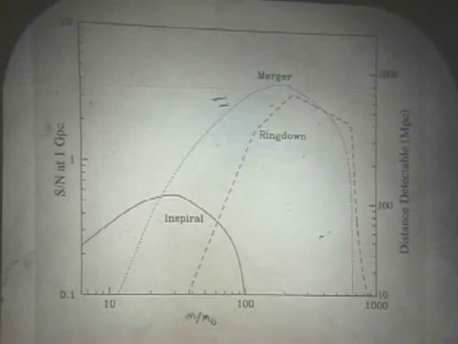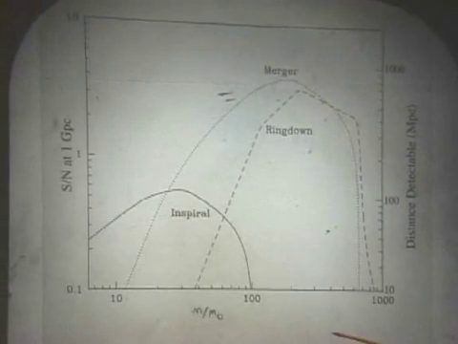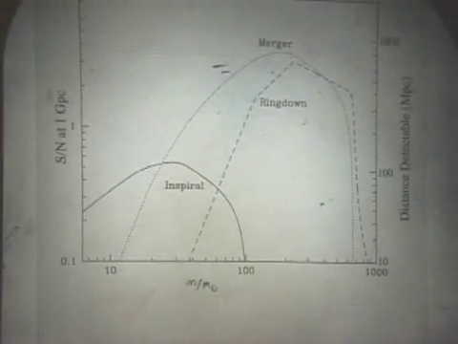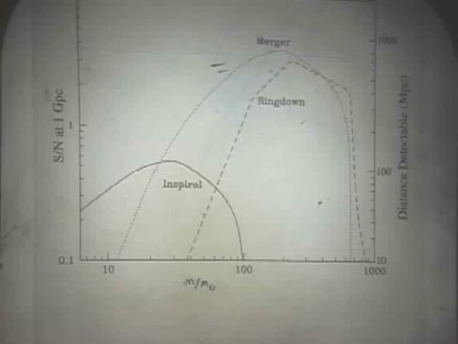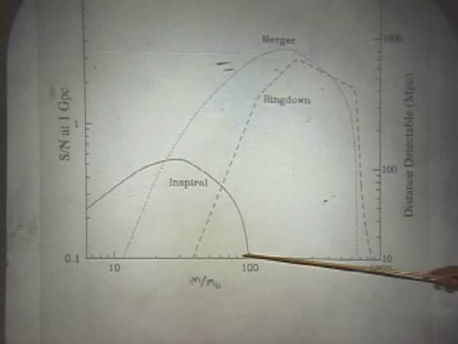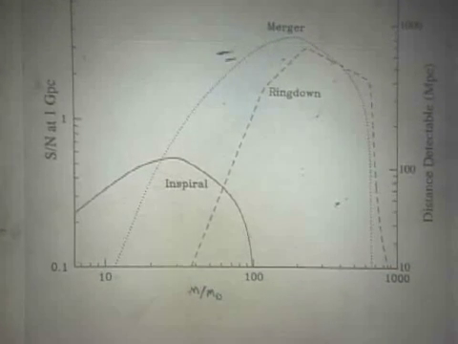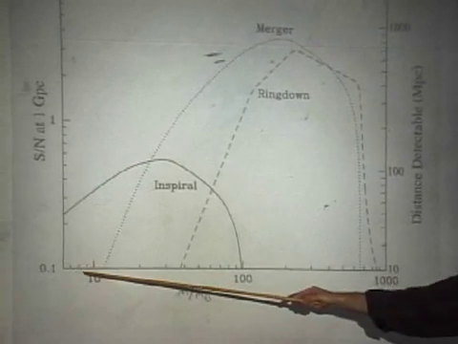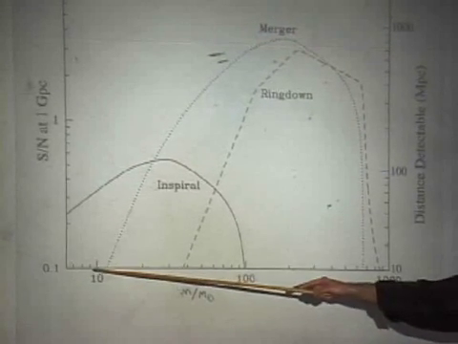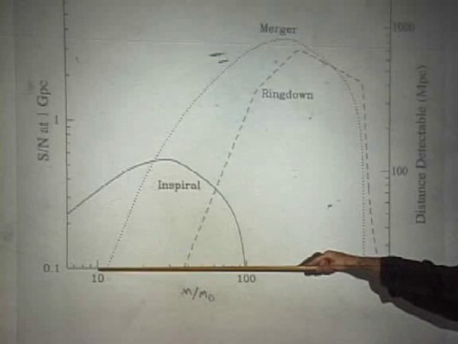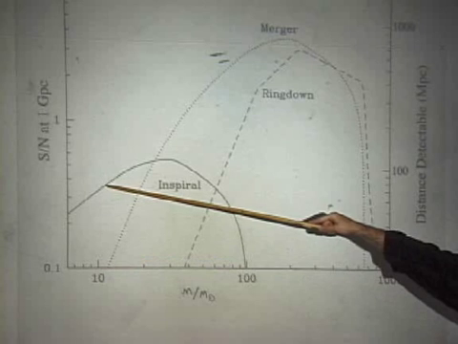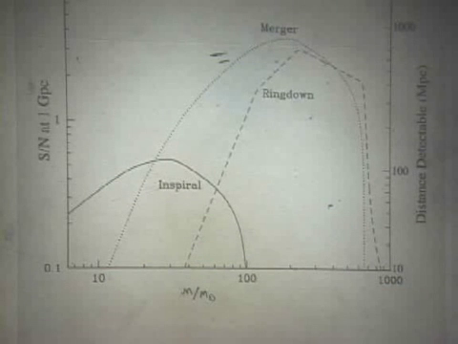This is for initial LIGO. It shows the signal to noise that you'd expect for a binary at 1 gigaparsec, given the total mass of the binary. One thing you see is that for very small masses, say a total of 10 solar mass binary, the in-spiral waves are going to be much stronger than the merger or ring down waves.